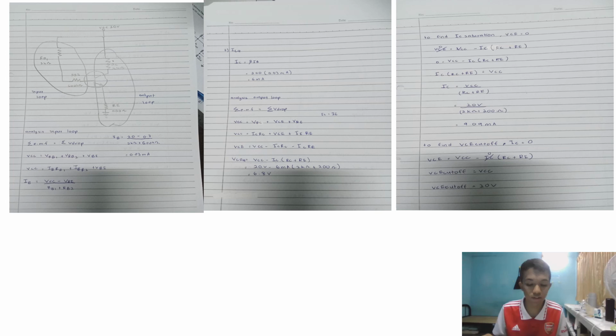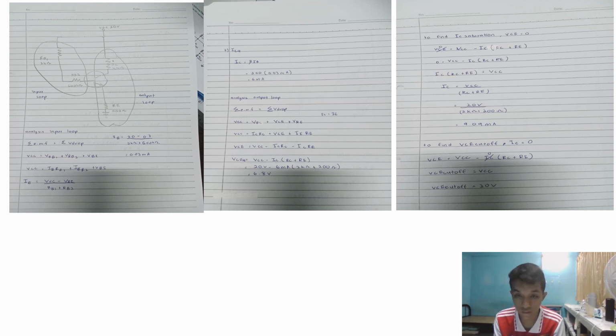And then we need to find IC saturation. To find IC saturation, VCE is equal to 0. So we take the equation for VCE: VCE is equal to VCC minus IC in bracket RC plus RE.